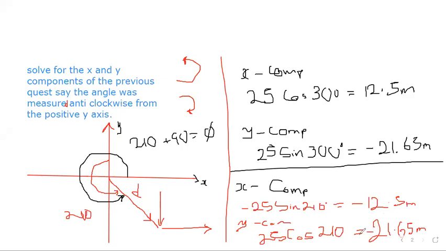This has to be negative. So when you compute that 25 cos 210, it's going to give you a negative, and the y component is moving in the negative. Sorry, I think I left out a sign here. Introducing a negative sign here will cause this to be positive rather.